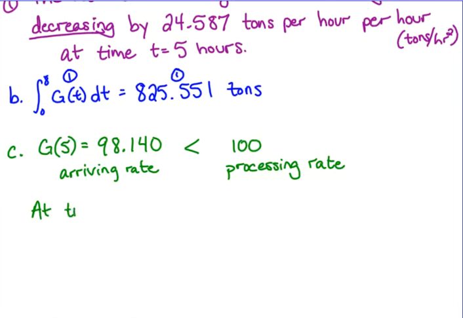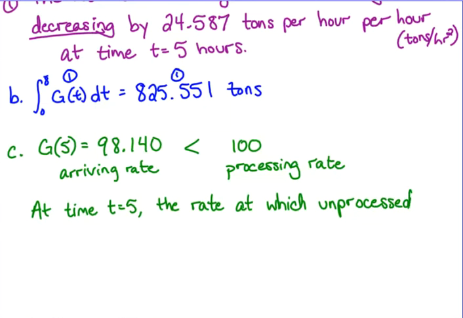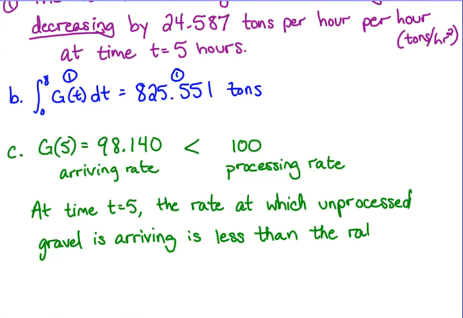So at time t equals 5, the rate at which unprocessed gravel is arriving is less than the rate at which it is being processed. You don't have to mention the numbers, you already have them written down.